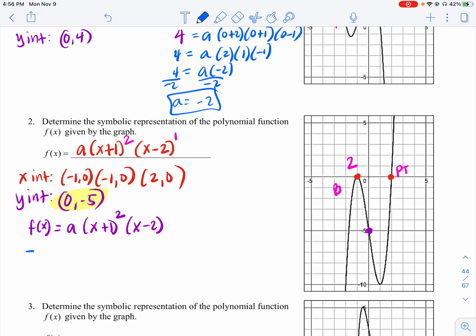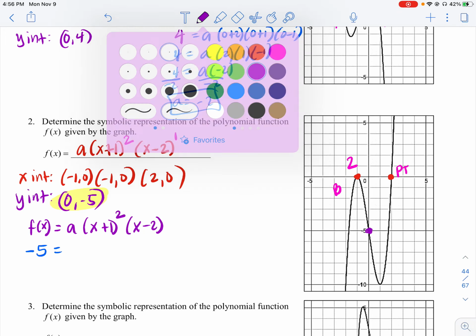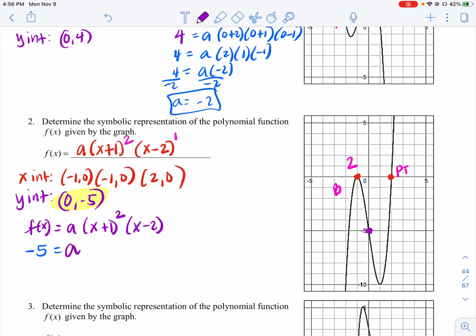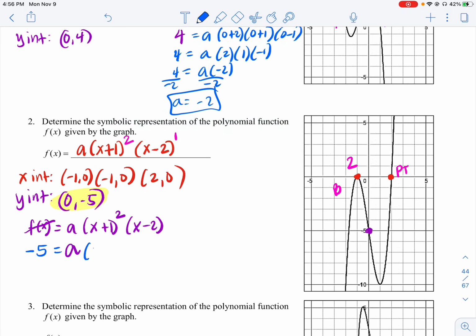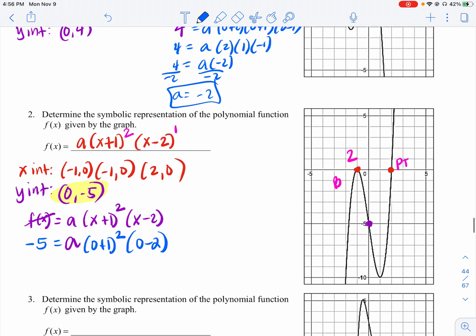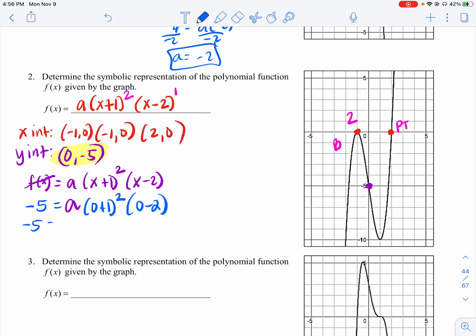We have -5 as a replacement for f of x, and then we'll continue with 0 plus 1 squared, 0 minus 2. That's -5. 0 plus 1 is 1. 1 squared is 1 again. 0 minus 2, that's -2. 1 times -2 is -2.